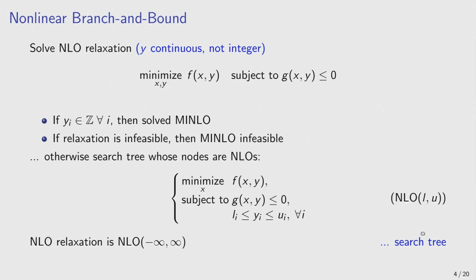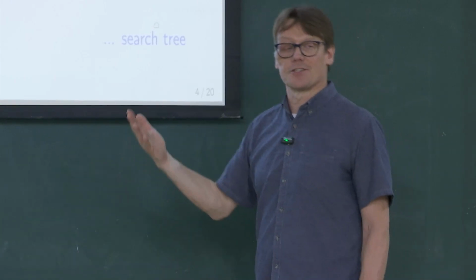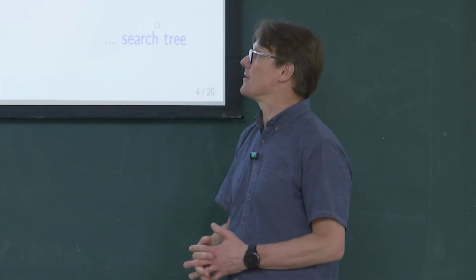And the cool thing is, if you solve this problem and the integer variables happen to be integral, then you know that you get the global solution. The reason is that because it's a convex problem, the nonlinear optimization solvers are guaranteed to find a stationary point. The stationary point is a local minimum. Every local minimum is a global minimum. And this global minimum is also integral. So that's the best you can do.